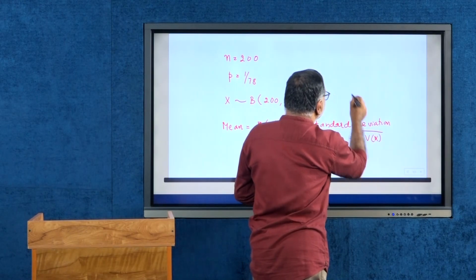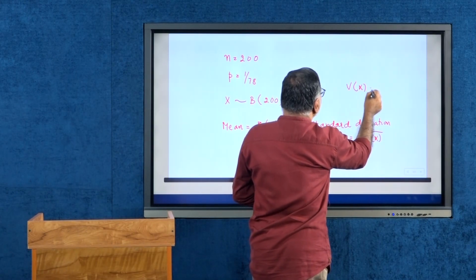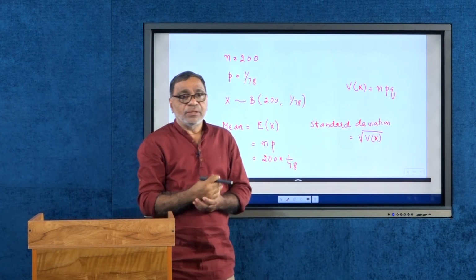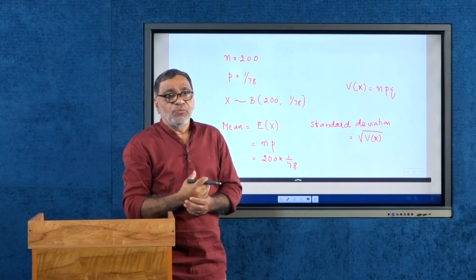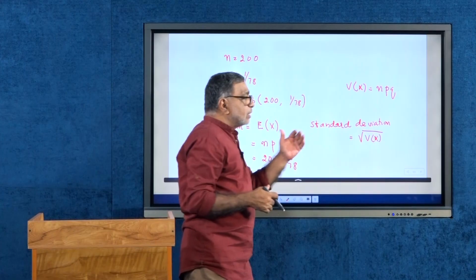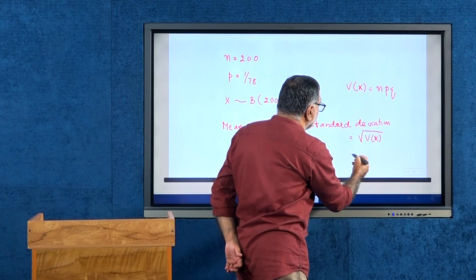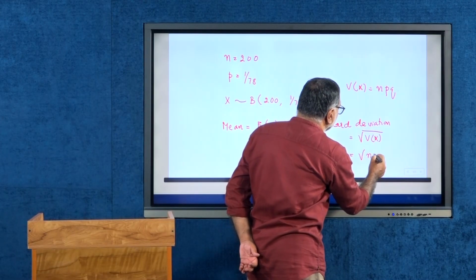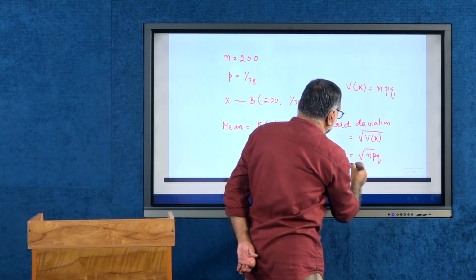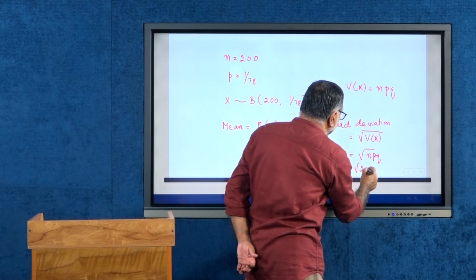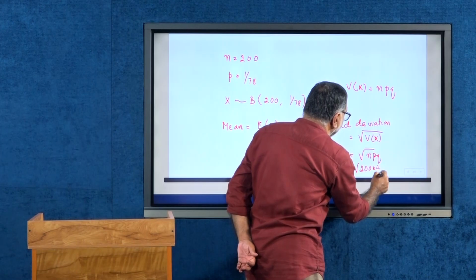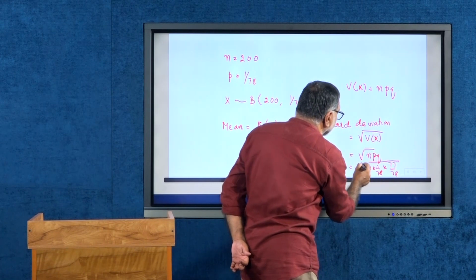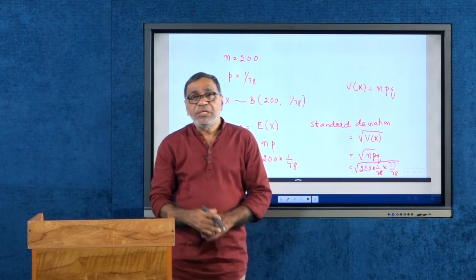The variance of x for a binomial distribution is npq, so if x is the binomial random variable, the variance is equal to npq, and the standard deviation is the positive square root of that variance, that is square root of npq, and that is equal to the square root of 200 into 1 out of 78 into 77 divided by 78. So, this is our mean and variance.